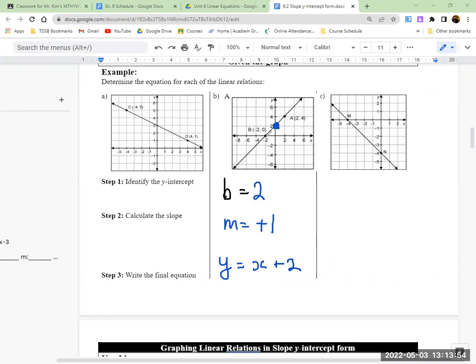If I remember correctly, before I erased everything, I actually did a slope calculation. So I'll do it one more time with you. In fact, let me do the next one, and I think you'll be able to see what I'm looking for.